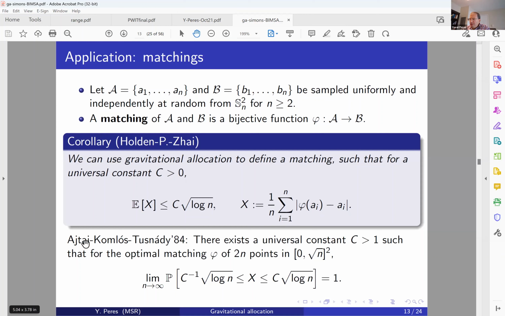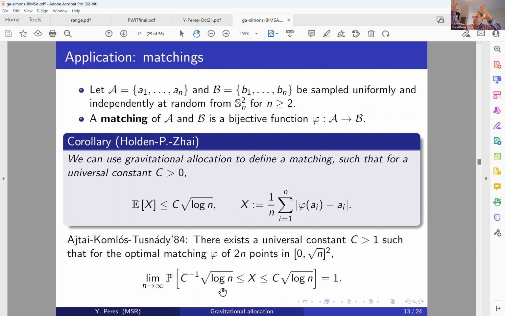In 2 dimensions, back in 1984, Ajtai, Komlós and Tusnády found that if you have 1 point per unit area, they worked in the square or the torus, but their proof works fine on the sphere. If you have 1 point per unit area of each color, and you do optimal bipartite matching, then the distance traveled will be of order root log n with high probability.